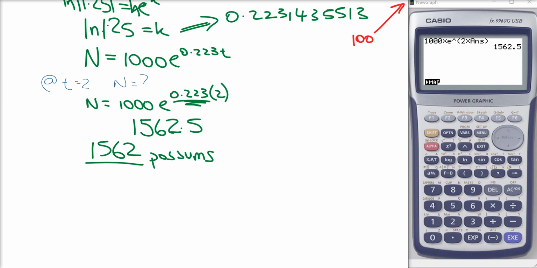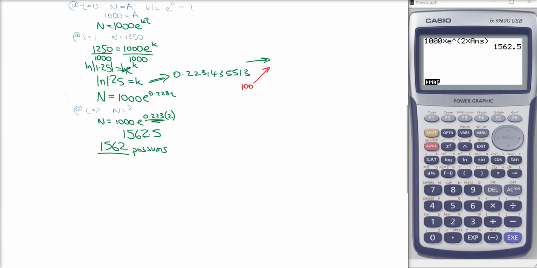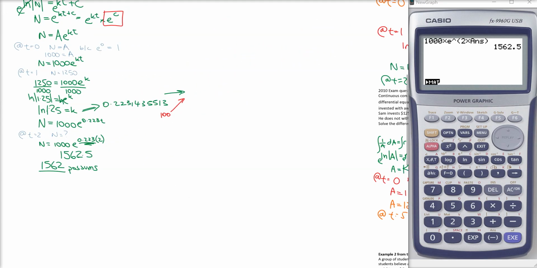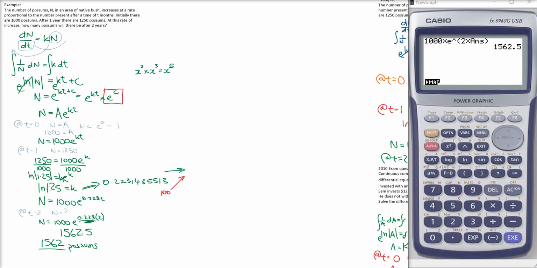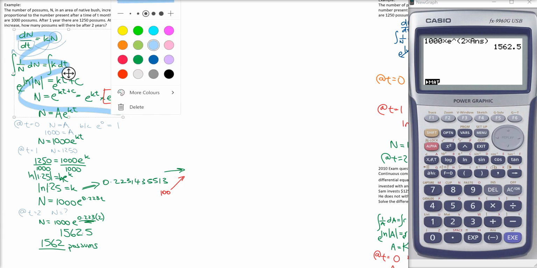Happy with that? Does that look like a long process? But here's the summary. If I zoom out, there's a little bit of working there. Use your standard differential equation stuff, and then go through.